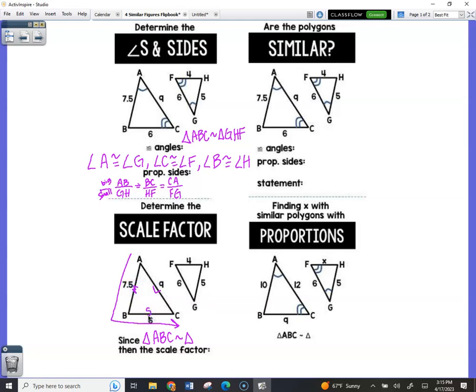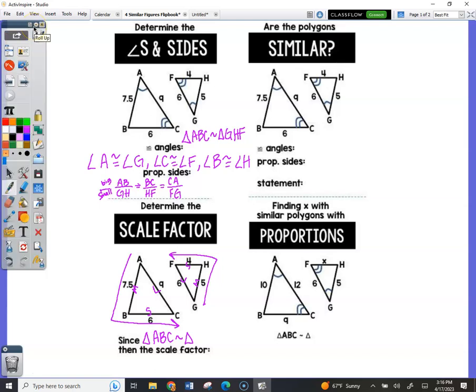So when I named it ABC, I went medium to small. So when I come over here, if I label small, medium, large, I would have to name it what? GHF. Medium to small. You have to go in the same order or it's wrong. Okay?